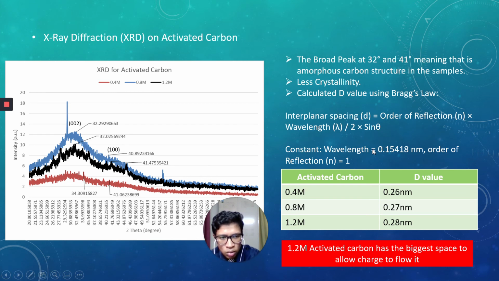The constant wavelength is 0.154, which comes from the XRD machine, and the order of reflection is 1. After calculating the D value, we can see that the 1.2 molarity activated carbon contains the highest D value, which means it has the biggest space to allow charge to flow in.